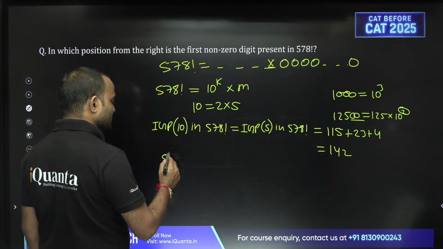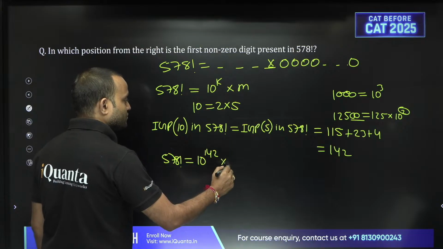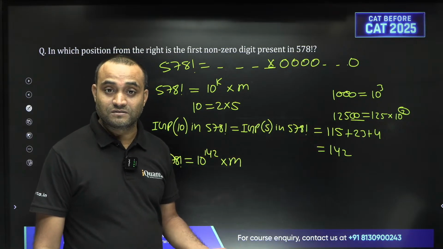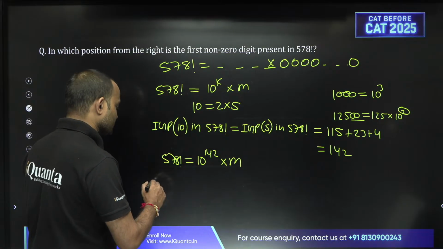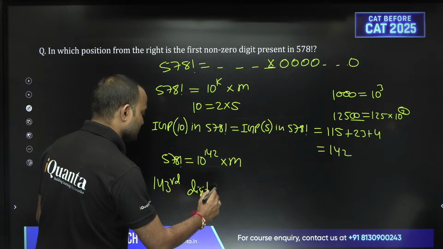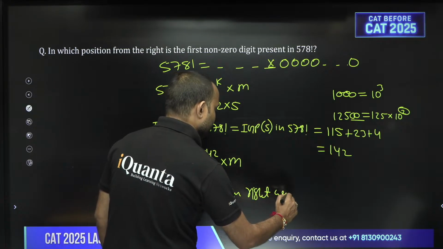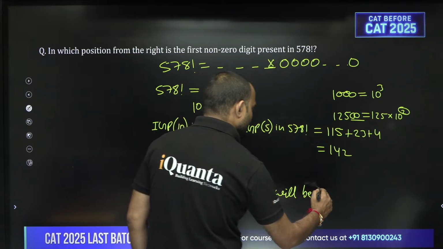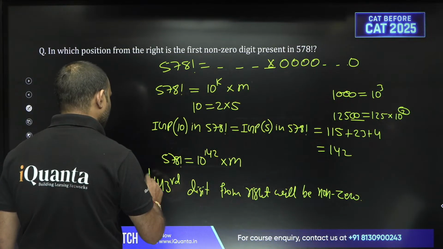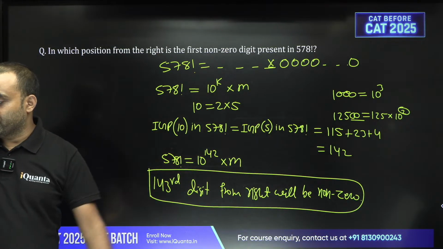That means 578 factorial can be written as 10 to the power 142 into m, where m is not a multiple of 10. So the answer is the 143rd digit from right, which will be non-zero.